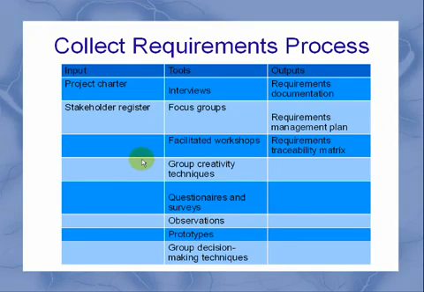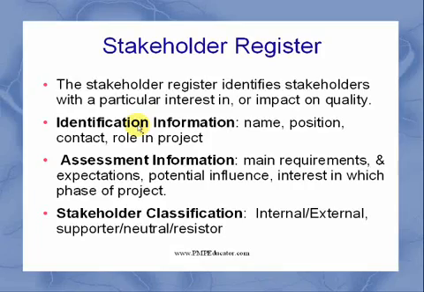The stakeholder register is a way to identify the information regarding the stakeholders. You can have that register as a simple document, or you can have an Excel sheet with different columns and rows where you put information. But the whole idea is to identify the stakeholders.